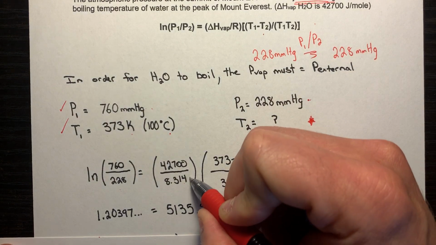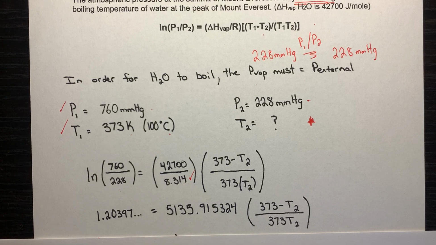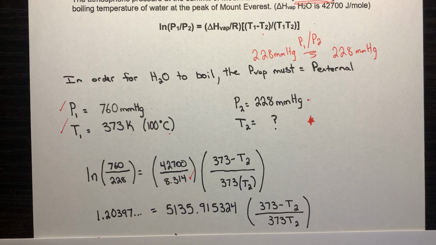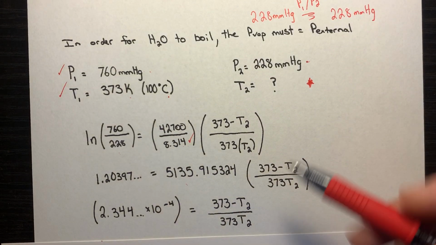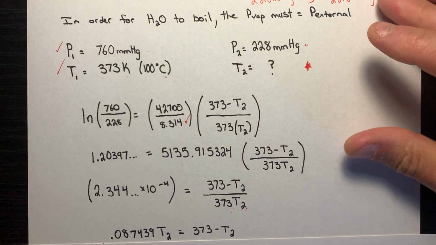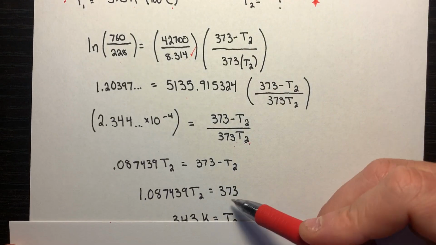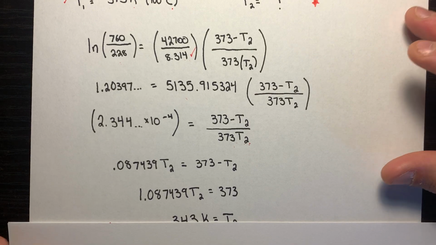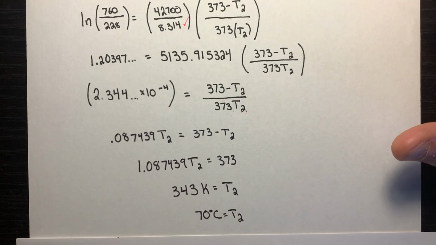You'll notice that we have a different gas law constant this time around, given that we're using units of joules. So rather than the 0.08206, I instead have to default to the 8.314, given that that's the gas law constant that uses energy, okay? At this point, I bring the 5135 over. I'm going to bring the 373 times T2 over as well. I'll add T2 to this side in order to combine like terms. I divide the 373 by 1.08, and I get a final temperature of 343 Kelvin, or 70 degrees Celsius.